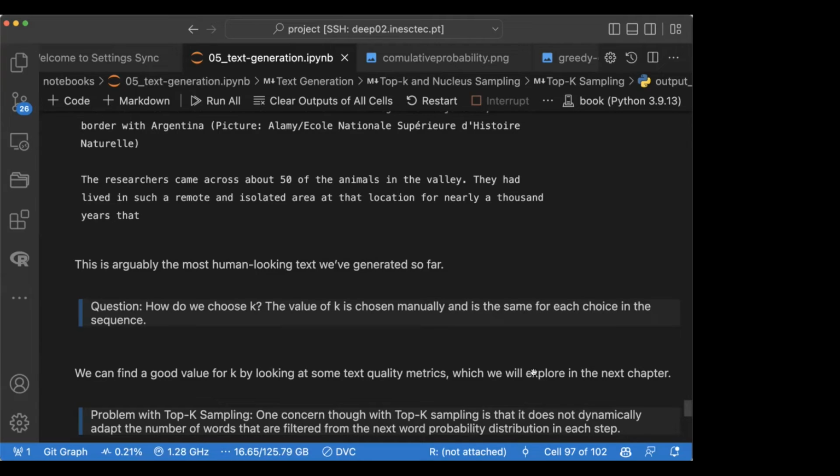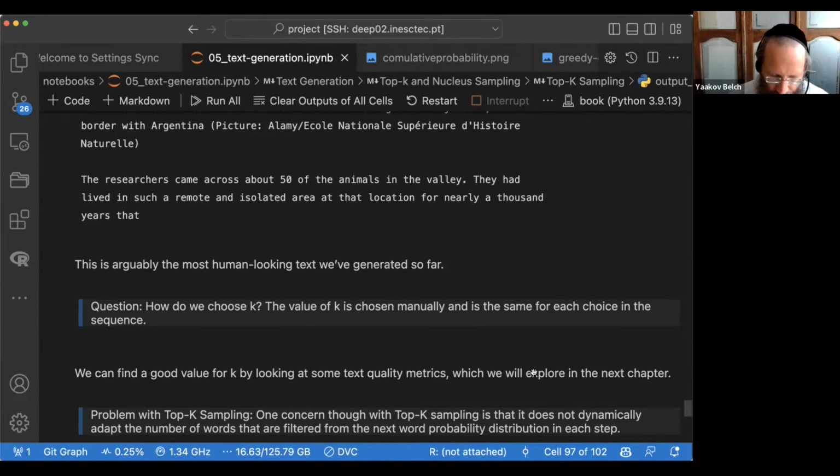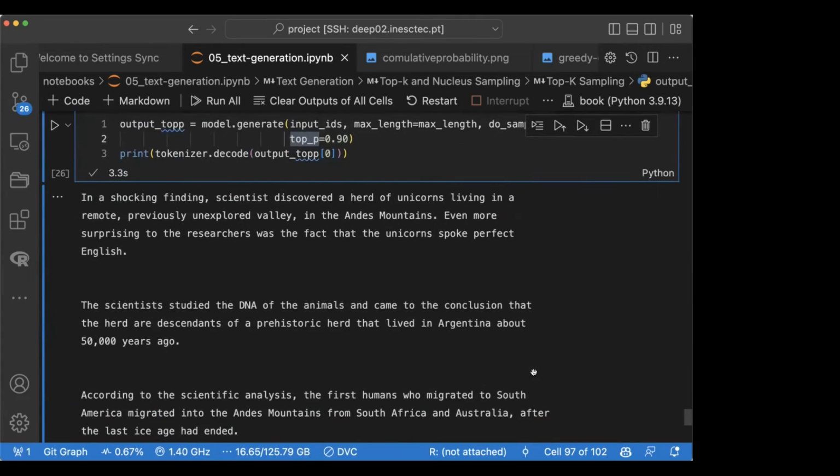On the other hand, in the case of top P, you might cut it off so high that no words are found which are higher probability, because the highest probability word at that point may be a very low probability word in terms of actual probability. So if you choose your cutoff to be very high, as Yakov was explaining, you may find no words fit into a cutoff of, let's say, 0.5, for example. But that's the choice between top K and top P.